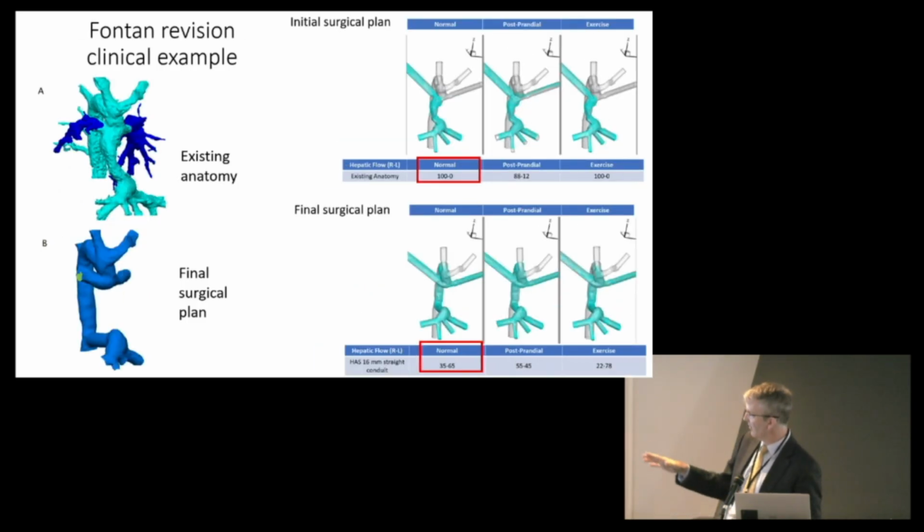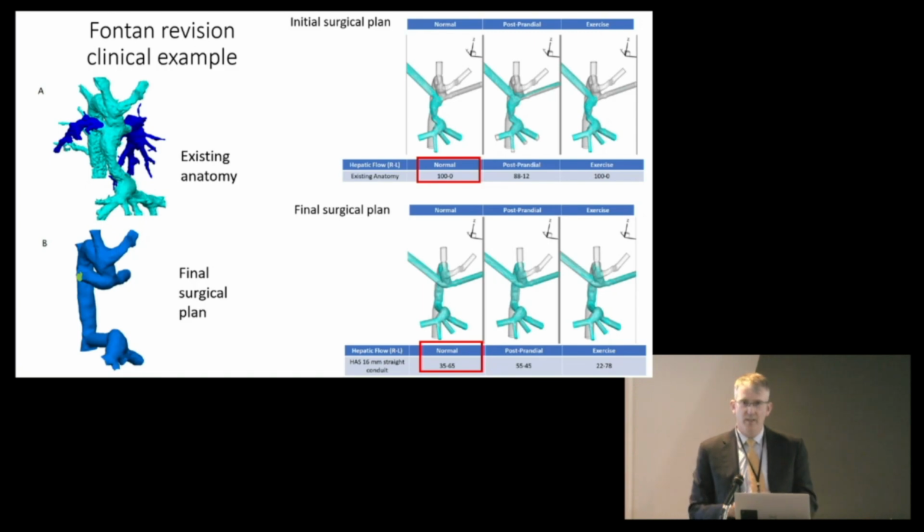Here's another example of a patient who has a Fontan, and you can see in this upper panel their hepatic venous return is 100% to the right lung. They have clinical AVMs in the left lung and low saturations, and we're able to devise a plan, another heterotaxy patient with interrupted IVC, to reroute the blood from the liver back to the azygous vein, achieve really nice distribution of hepatic venous return, and did that in that patient, and they did very well, and their saturations have come up.